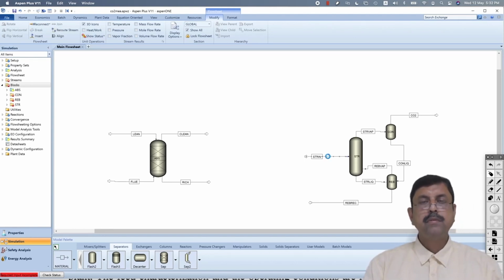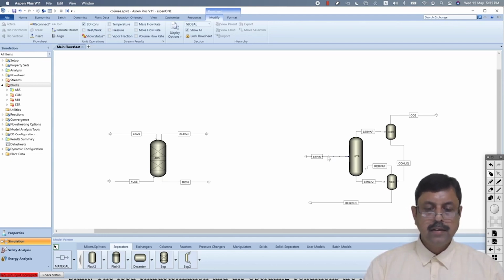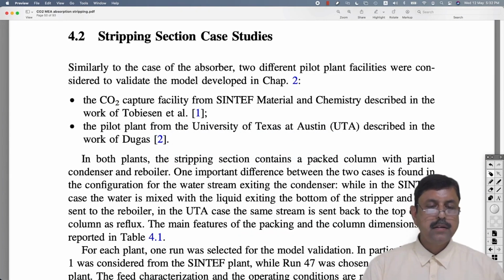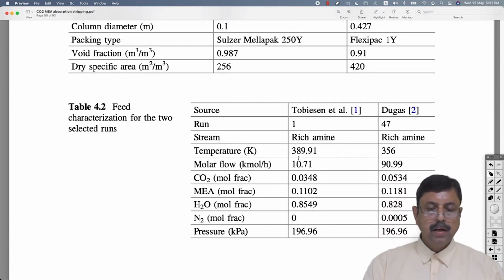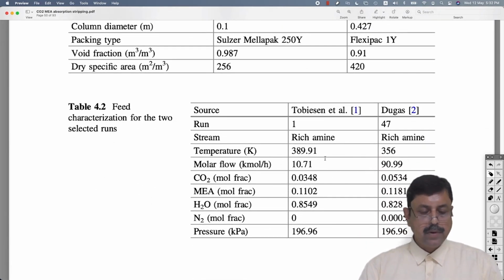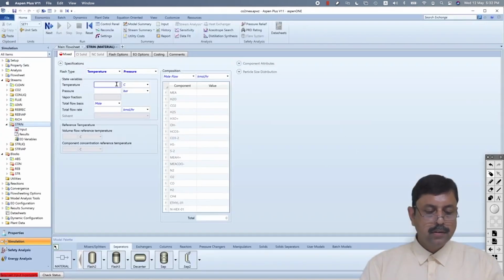First we have to check what is the feed in the stream in. For that, let us choose the Tobiasen case. Its temperature is 389.91 Kelvin.